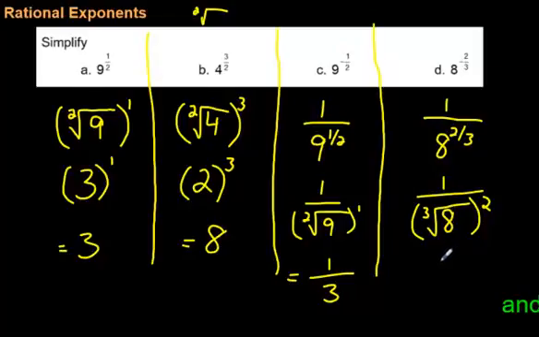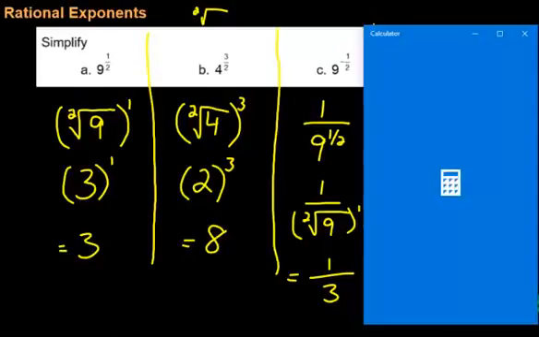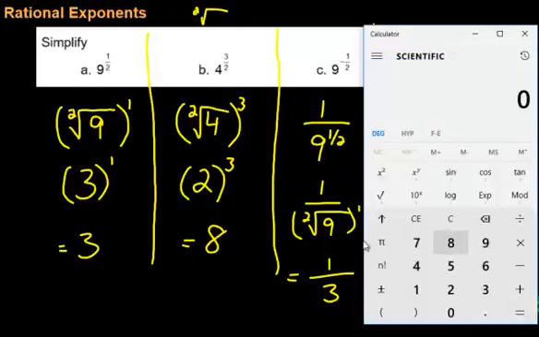Can you tell me what times what times what is 8? Because that would be the cube root of 8. And you can use your calculator if you want to do the cube root. Let's see if we can do the cube root of 8 here. Does this calculator allow the cube root of 8? Maybe this button right here would do it.